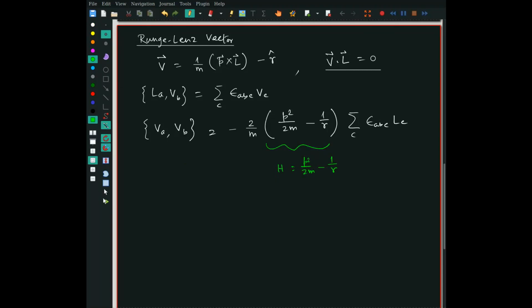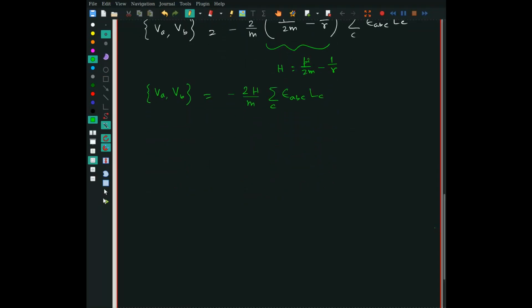Okay. So if this is your Hamiltonian, then you can write that the bracket of VA and VB is equal to minus 2 times the Hamiltonian over m times the summation over C epsilon ABC LC.